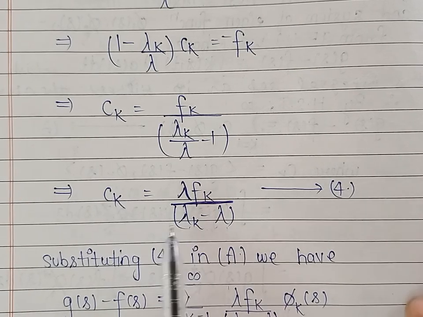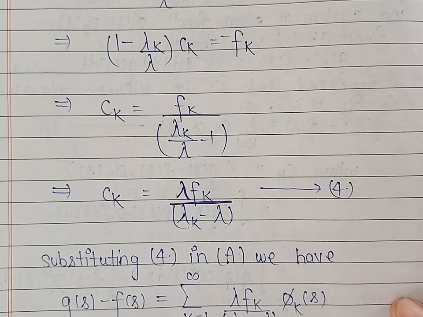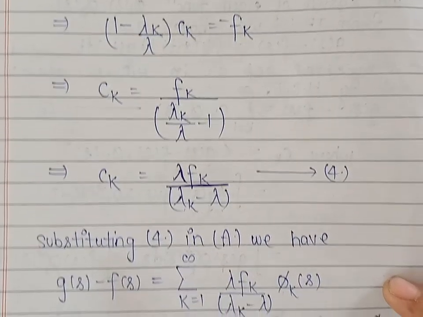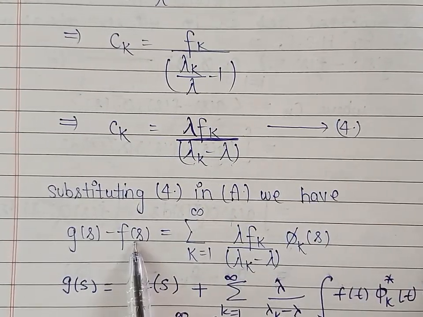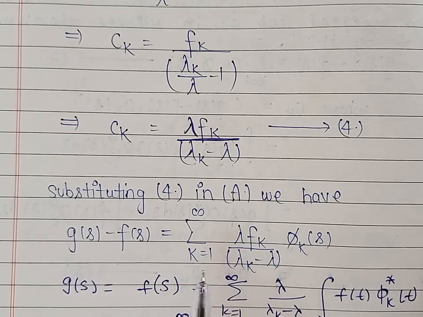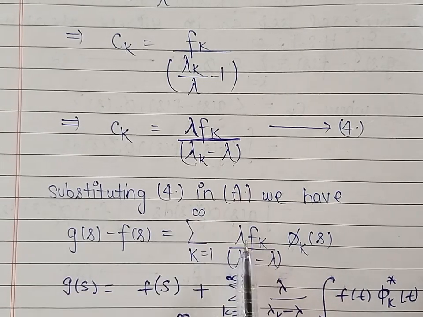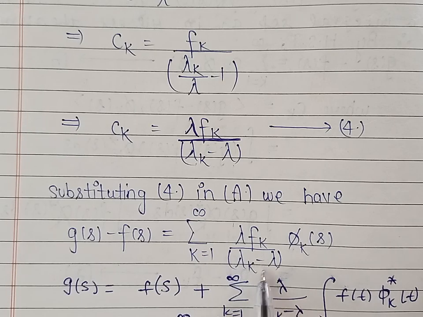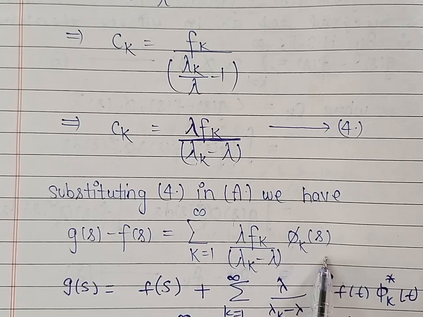Now we can substitute the value of c_k in equation A. We get g(s) - f(s) = summation k from 1 to infinity of lambda f_k / (lambda_k - lambda) phi_k(s).